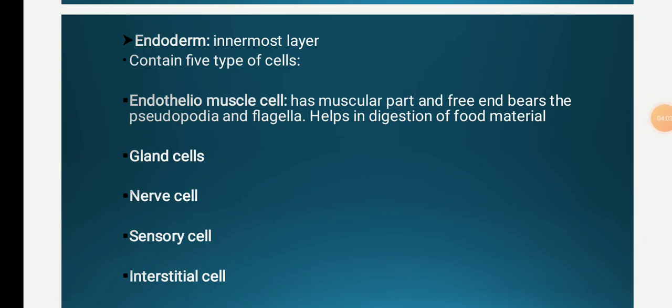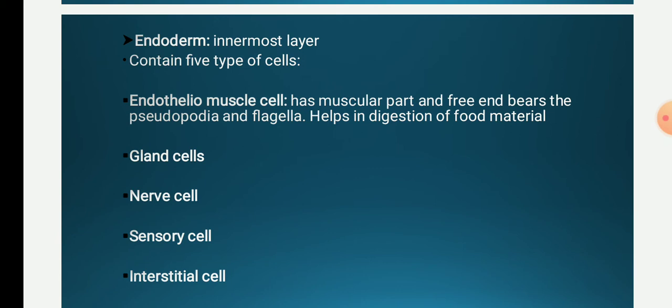Endoderm. Endoderm is the innermost layer of the body wall and it forms the internal lining of the gastrovascular cavity. It contains five types of cells, that is endothelial-muscle cell, gland cell, nerve cells, sensory cells and interstitial cell.